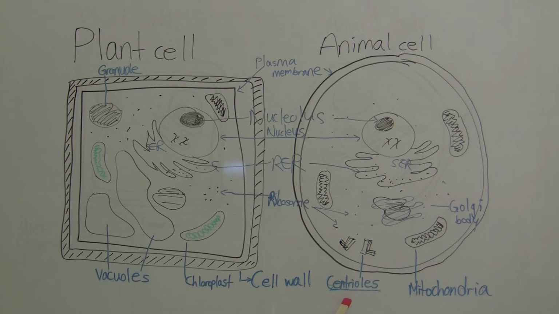So centrioles are important, and they look sort of like this, and they come in pairs because one goes to one pole and one stays on the opposite pole during cell division, and they produce the spindle fibers. They attach to the chromosomes and they separate them.